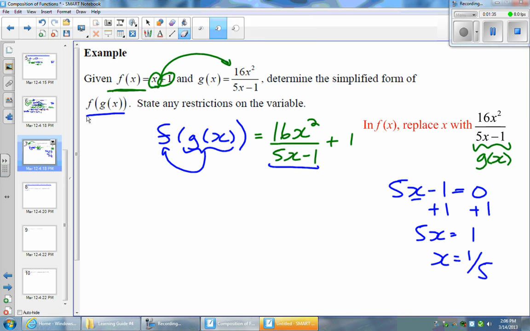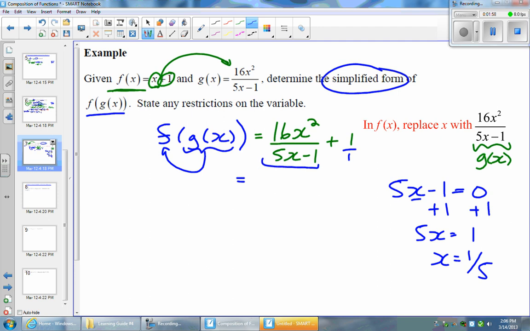Once we state our non-permissible values, we have to go ahead and simplify this rational expression. When you simplify a rational expression, you have to make sure that the denominators are the same. Notice that this one can be written as 1 over 1. So rewrite this fraction, 1 over 1, with the same denominator as this fraction.